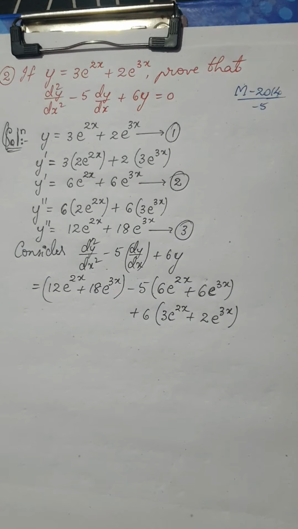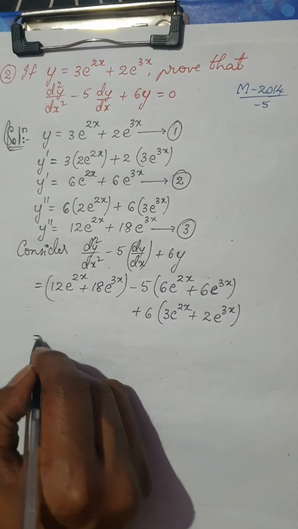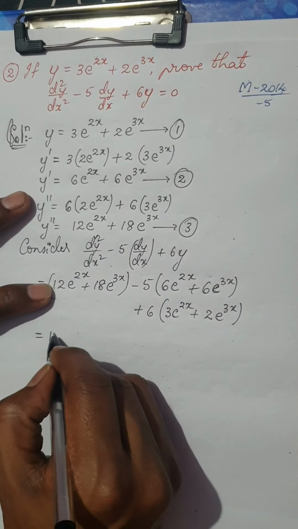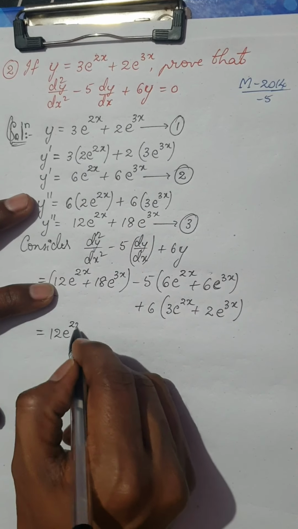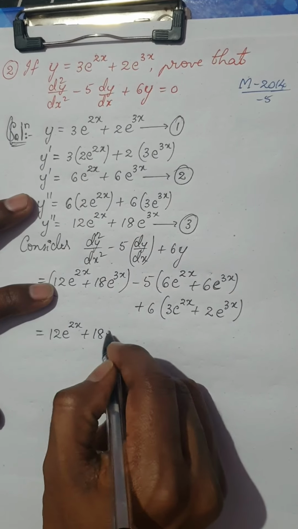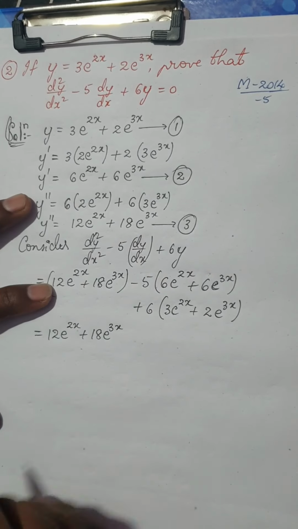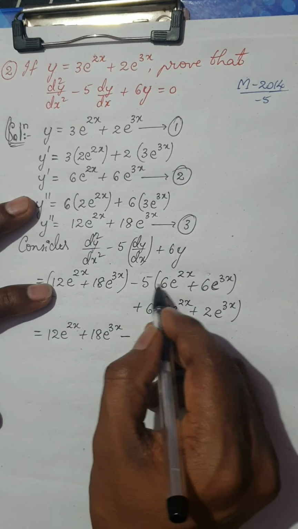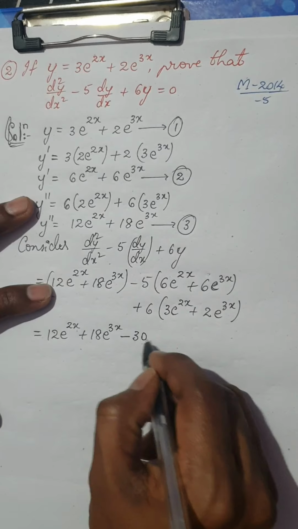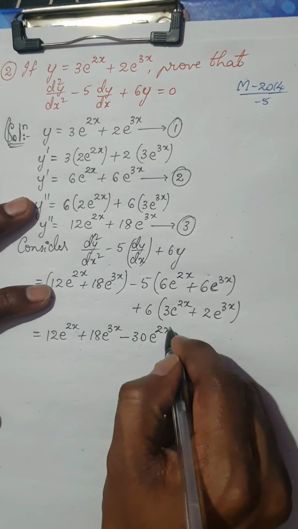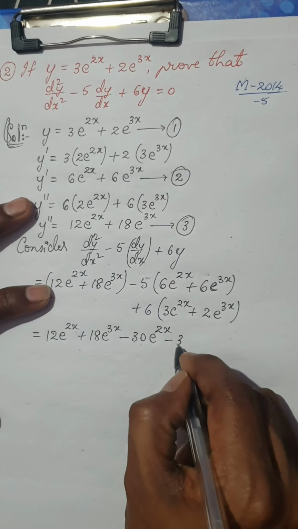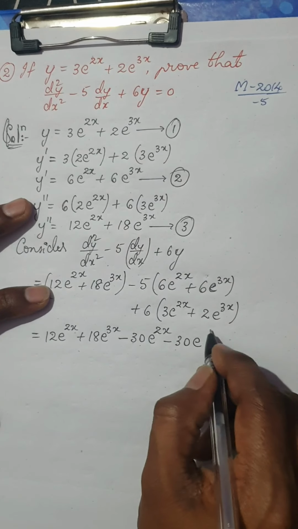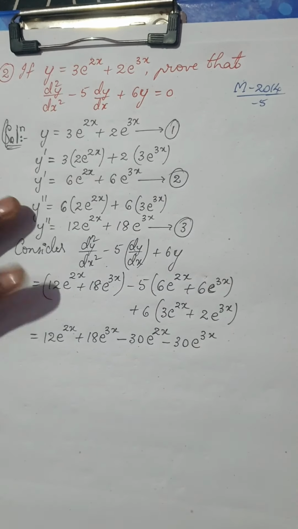Now, I have substituted. Let us remove the brackets and see what you are going to get. This term has no change here. 12 into e power 2x plus 18 into e power 3x, minus, what is 6 fives? It is 30 into e power 2x, and minus into minus is again minus, 6 fives are 30 into e power 3x. Is it clear?